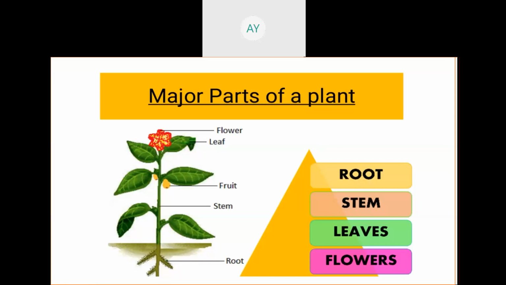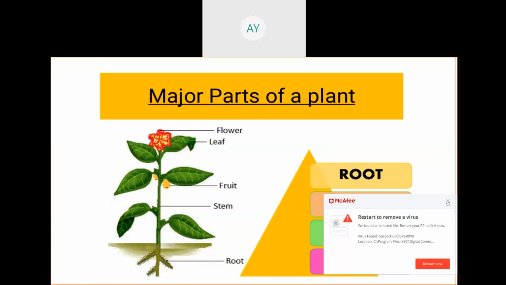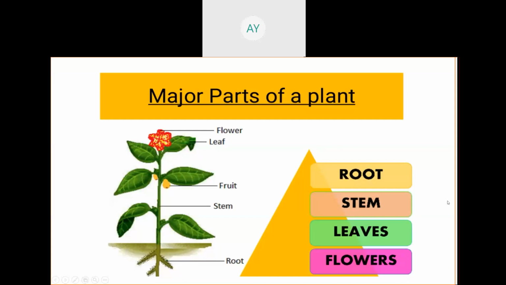The stem keeps the plant in a standing position and supports all the body parts of the plant, like leaf, flower, and fruit. It keeps the plant erect, that is in the standing position, and helps protect the plant from adverse situations like high-speed wind, storms, and soil erosion.